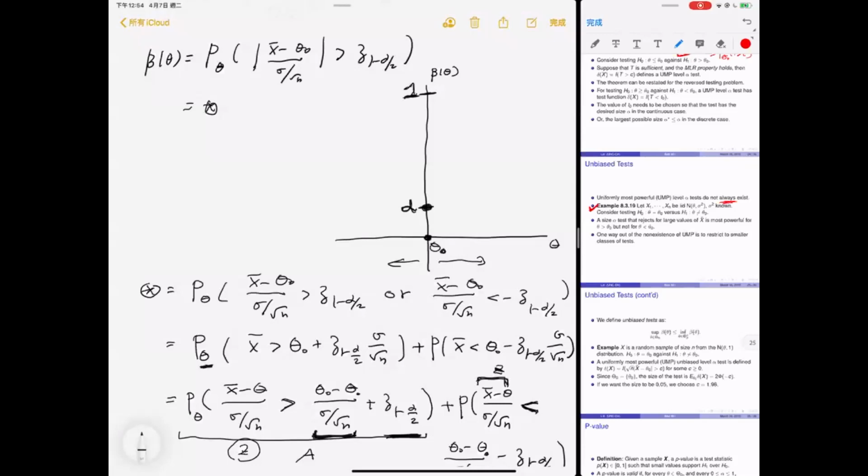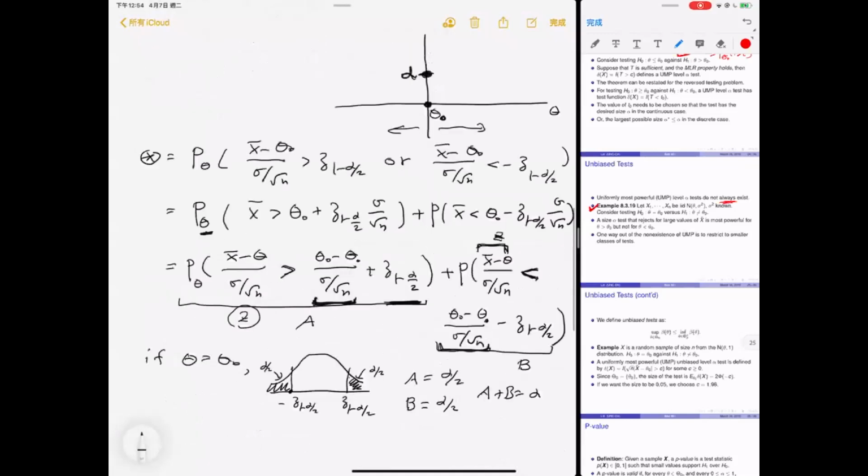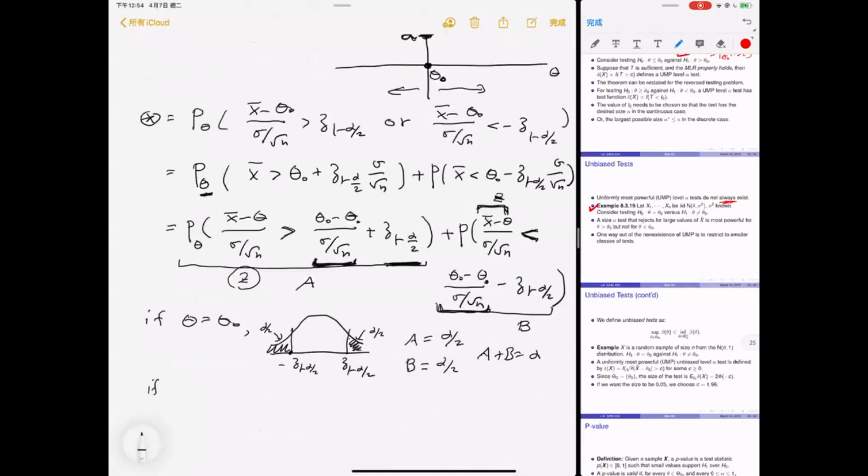So 1 will be beta theta's upper bound. Then you imagine what if theta is getting bigger? If theta is getting bigger and bigger, going to the right-hand side, then what happens to A and B?